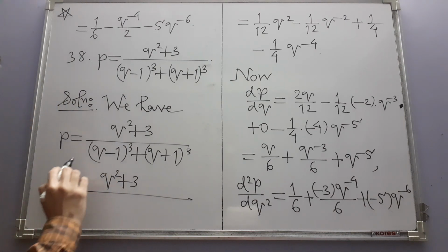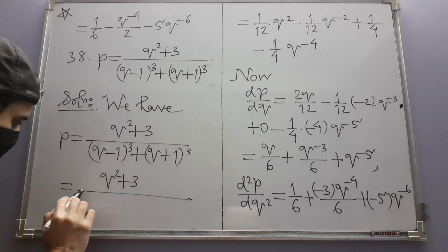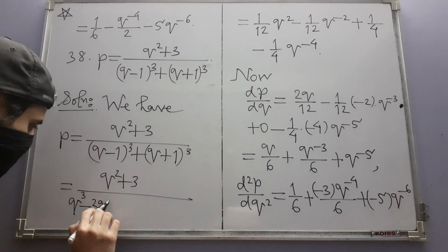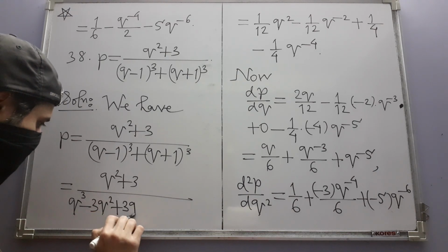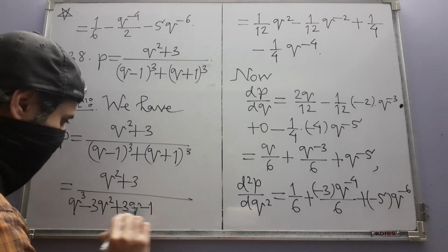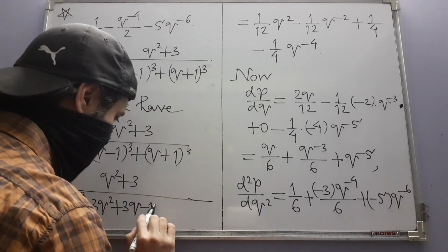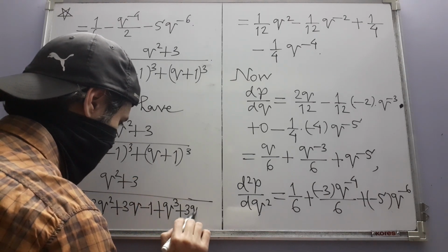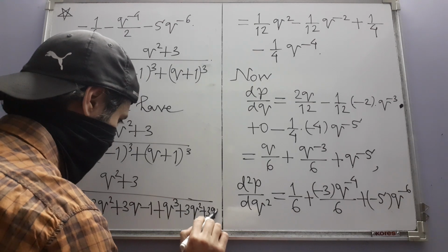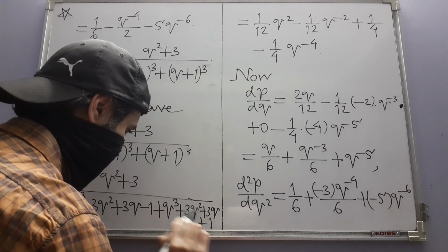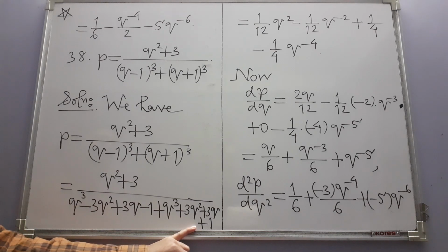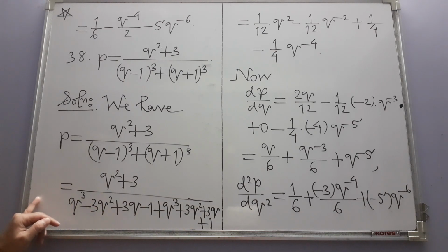If you simply expand these powers without thinking much, you get q cube minus 3q square plus 3q minus 1, and expanding this one we get q cube plus 3q square plus 3q plus 1.